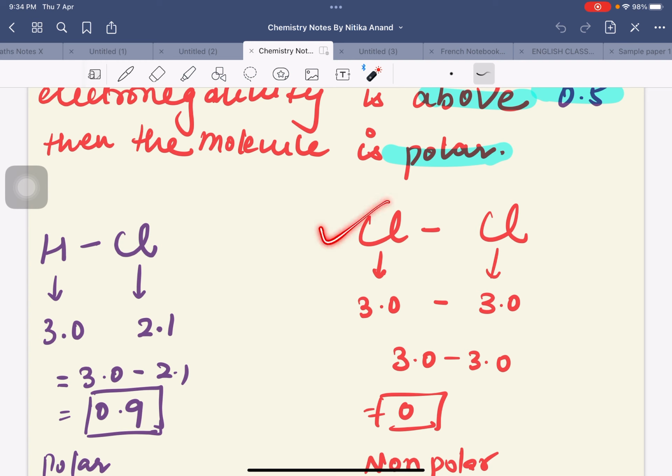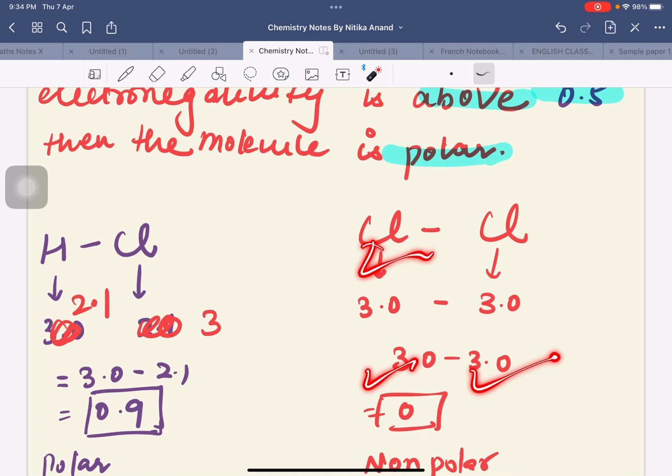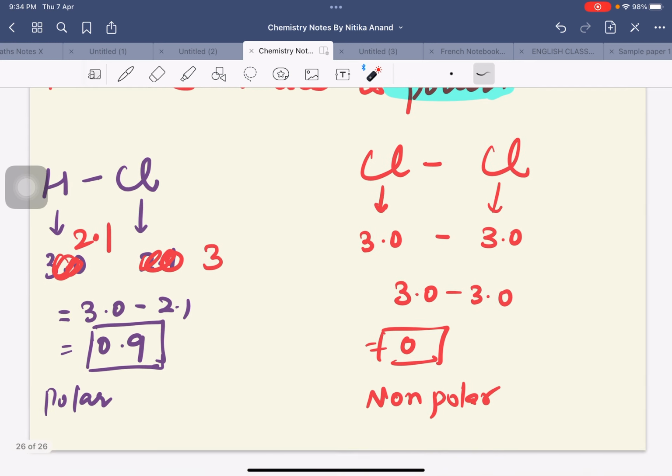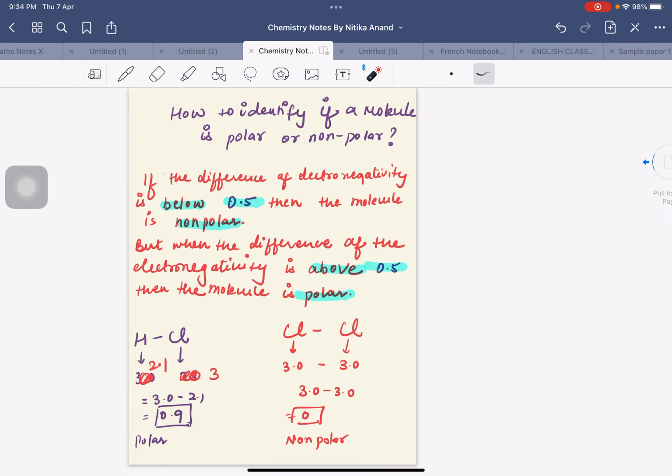If I talk about chlorine and chlorine, then here the chlorine has electronegativity 3 and hydrogen has an electronegativity of 2.1. So chlorine and chlorine, when they both form a molecule, it would be 3 and 3. So when we find the difference of their electronegativity, it would be 0. It's obviously less than 0.5. Hence, it's a non-polar covalent compound.